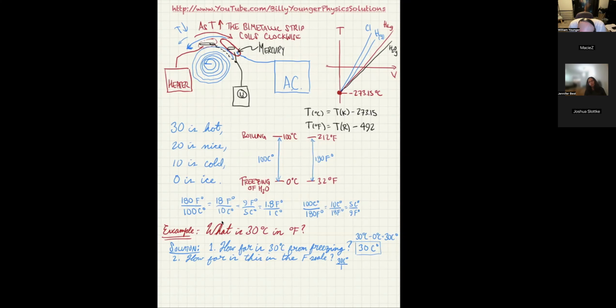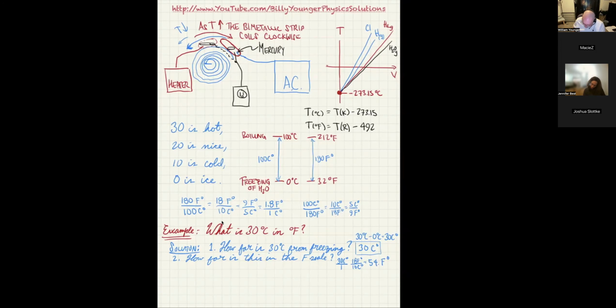So I'm going to multiply it by 18 Fahrenheit degrees per 10 Celsius degrees. And that's easy peasy because I know that 30 divided by 10 is 3, and then 3 times 18 is 30 plus 24, which is 54. So that's 54, in this case, Fahrenheit degrees.